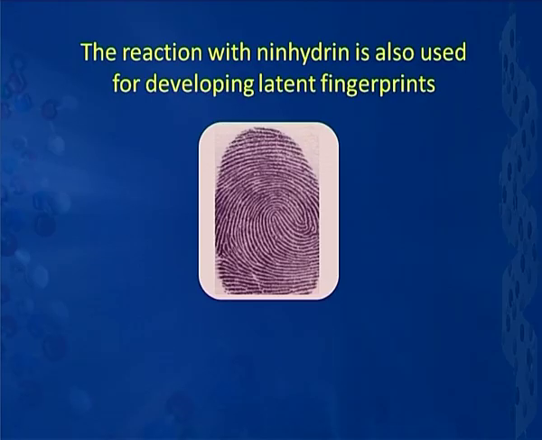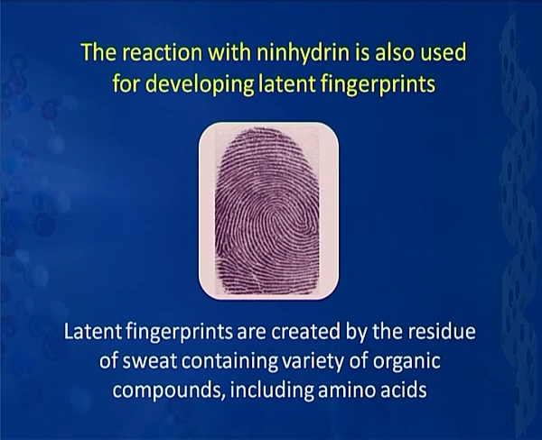This reaction is so useful that it can even be used for developing latent fingerprints. This is one of the most commonly used reagents to develop latent fingerprints. What basically happens is that when you touch any place, the sweat contains a large number of organic compounds, and some of them happen to be amino acids. It is this small component of amino acids present in the sweat which forms a mark somewhere.